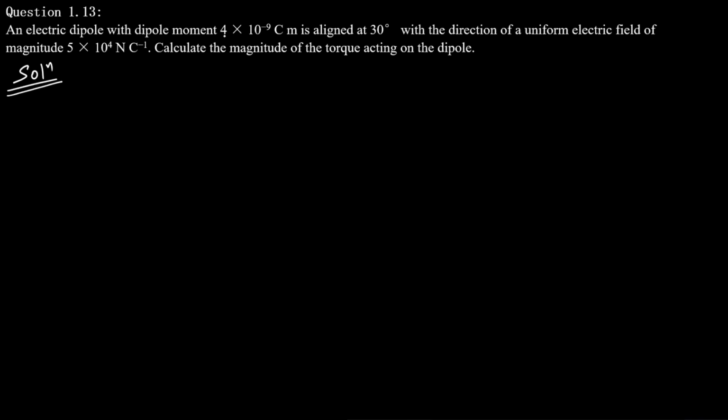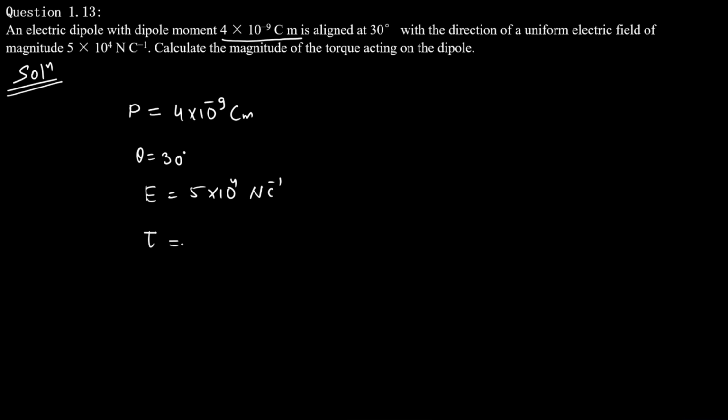An electric dipole with moment 4 into 10 raised to minus 9 coulomb into meter, aligned at an angle 30 degree with the direction of uniform electric field 5 into 10 raised to 4 Newton per coulomb. Calculate the magnitude of torque acting on it.